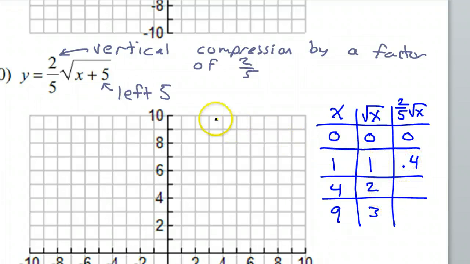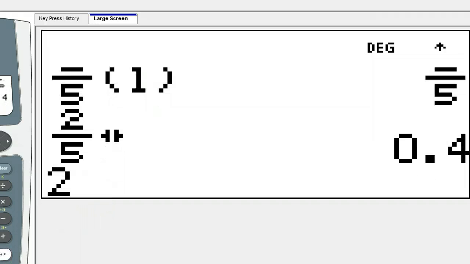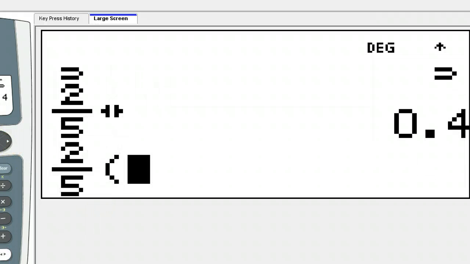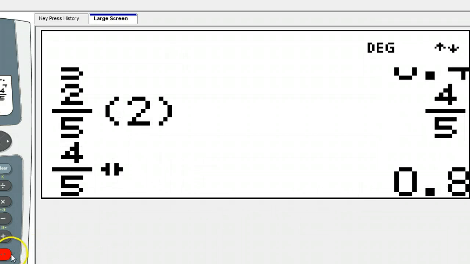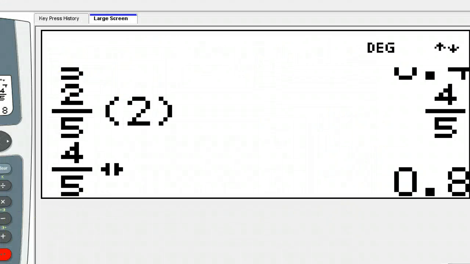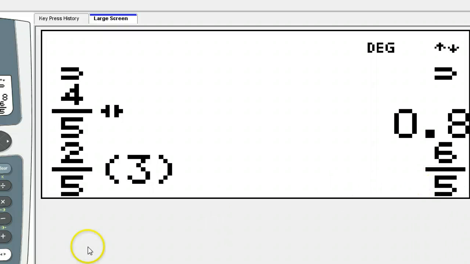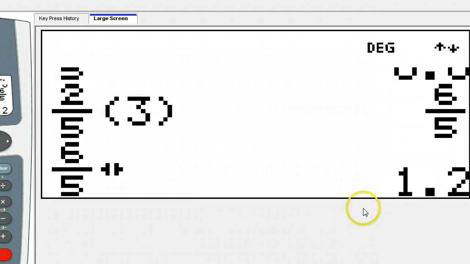Now if I want to do 2/5 of 2, that's 4/5, which is 0.8. And if I do 2/5 of 3, that's 6/5, which is 1.2.